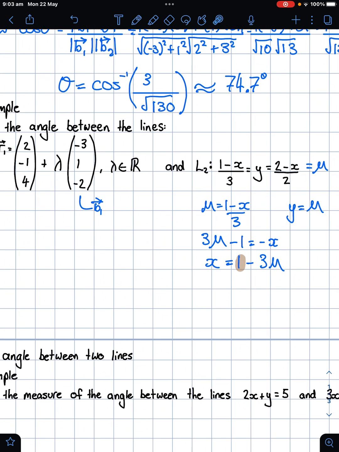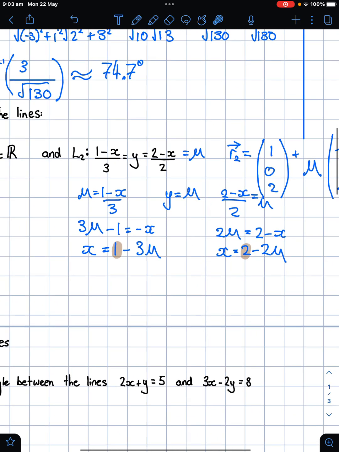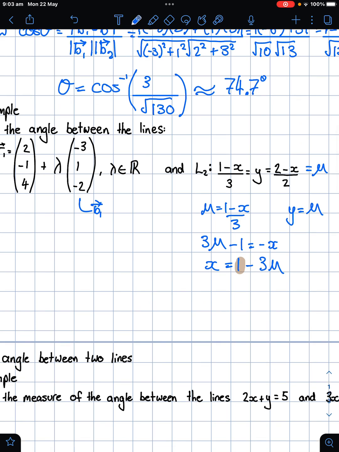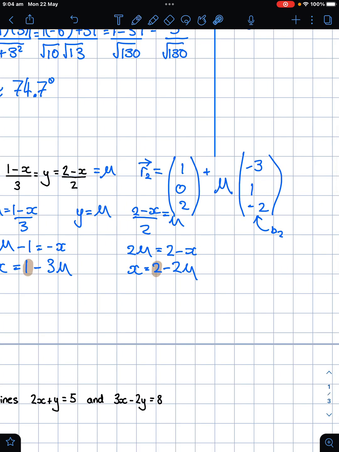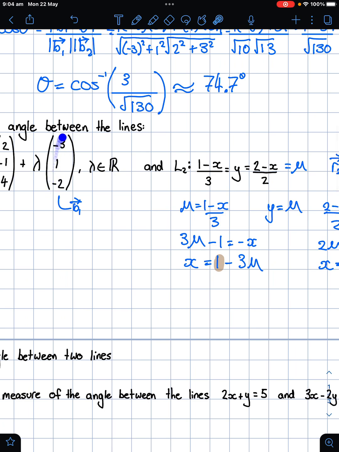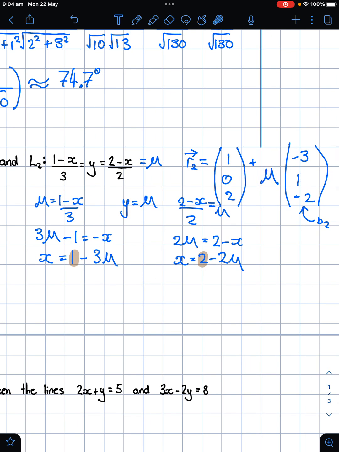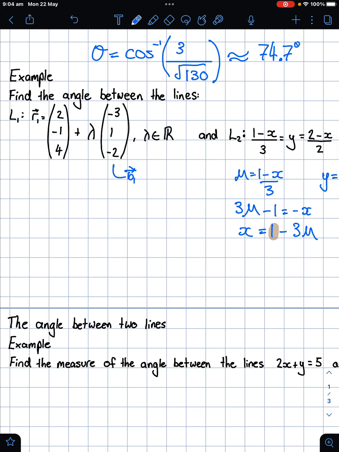You can see negative 3, 1, negative 2 is the same as the other. They're not even just scalar multiples; the direction vectors are the same once we break them down. The scalar in front could be different, so B1 equals B2, therefore R1 is parallel to R2.